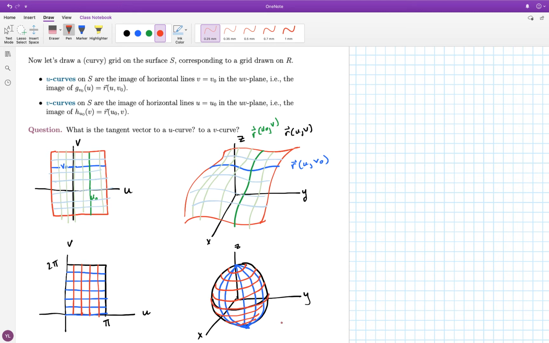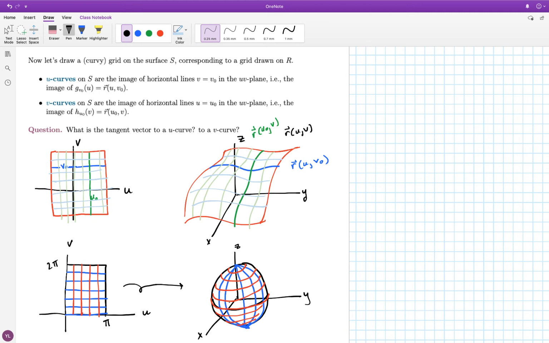You could imagine fixing phi or u equals pi over 2, and that would correspond to the equator right here. So when we draw these grid lines, again, it helps us get a visualization of the surface, but it also gives us a sense of wrapping. I can imagine the parameter space as like wrapping paper, and I would have to sort of rotate it and then wrap it around this globe, and I get this geometric interpretation about how the function works.